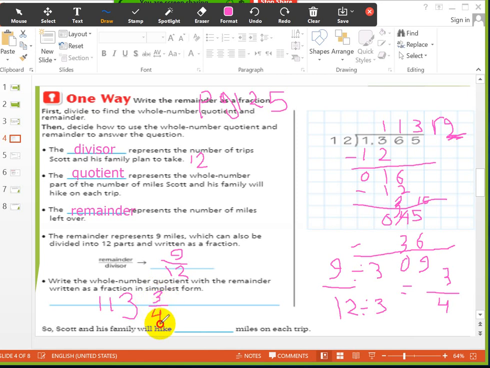This is the miles in each trip, because I have a whole number and a little number I can't divide by the divisor, so I will write it as a fraction. This is a little bit. So in each trip I will draw here.